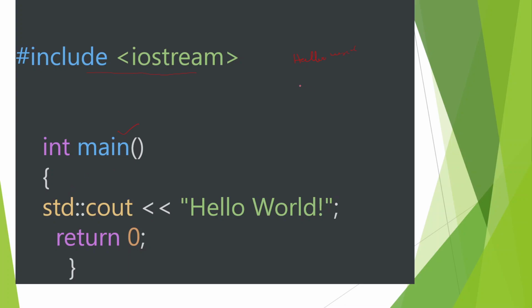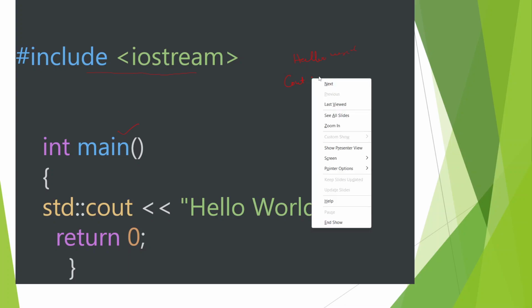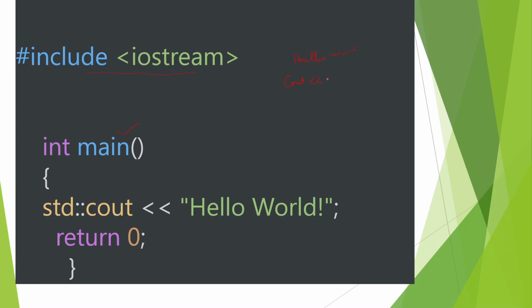Here cout is used to provide the output of what we write, then the semicolon, and cin is for when you want to input at runtime. If the number is anything like 1, 2, 3, then you have to write enter number. At runtime the compiler asks please enter number, then you enter it, and according to your program it will give output to you.